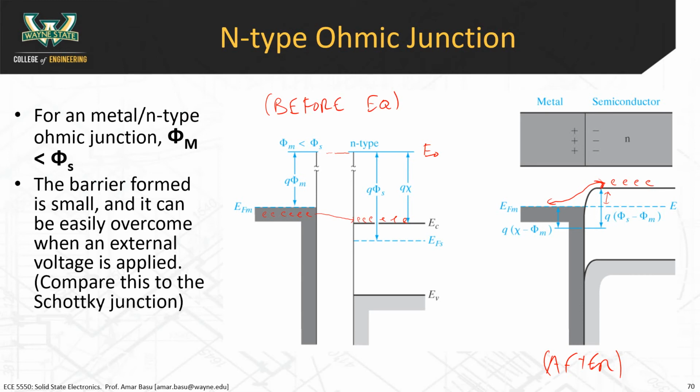You want a contact where the carriers can flow freely in one direction as well as the other direction. In some cases, if we want an ohmic junction, we have to design it this way.